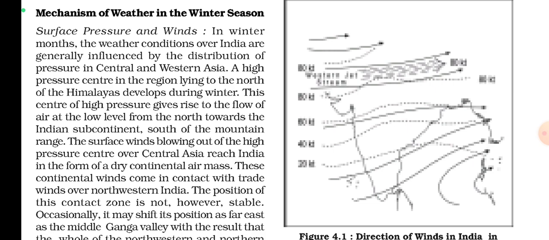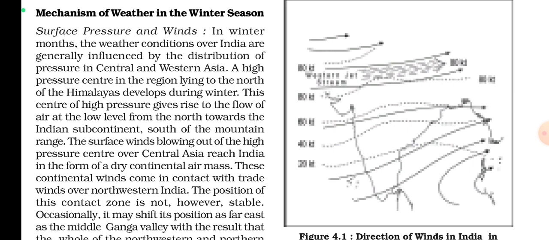A high pressure center in the region lying to the north of the Himalayas develops during winter. This center of high pressure gives rise to the flow of air at the low level from the north towards the Indian subcontinent. South of the mountain range, the surface winds blowing out of the high pressure center over Central Asia reach India in the form of a dry continental air mass.